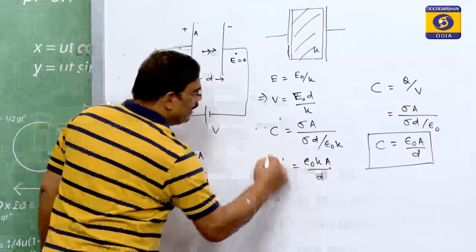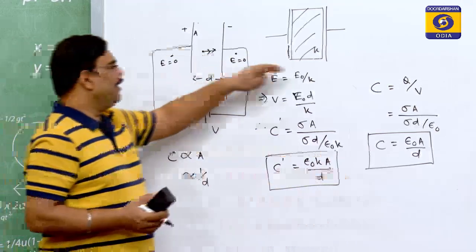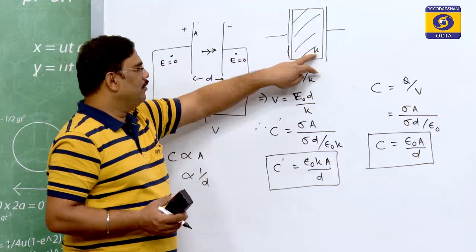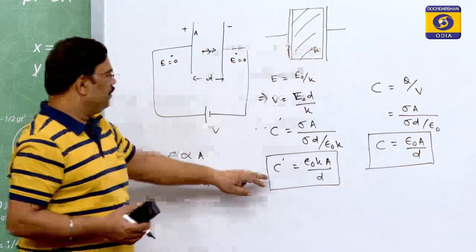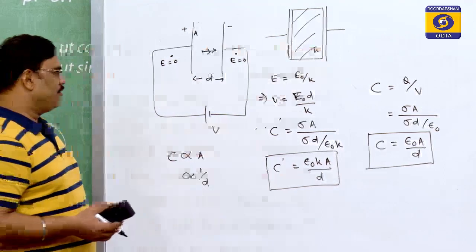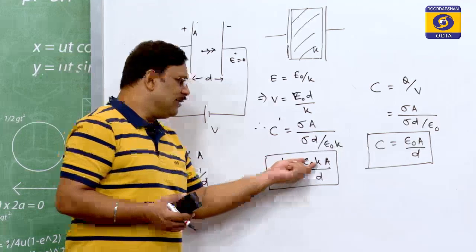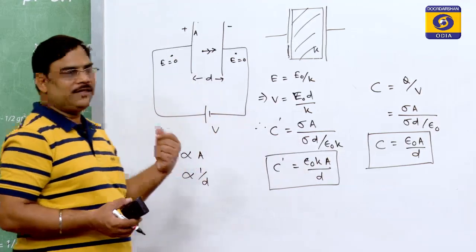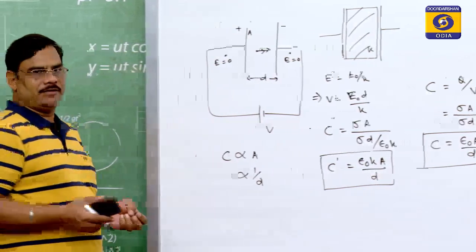So, my C dash, the new capacity, if a dielectric slab of dielectric constant K is introduced between the plates, will be epsilon 0 K A by d. So, we see that the capacitance is increased with the introduction of a dielectric slab between the plates.